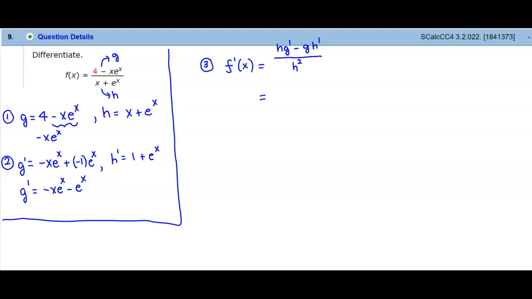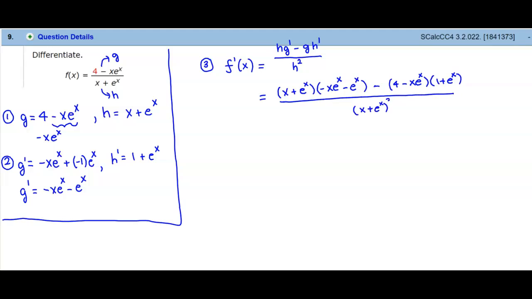So we know that h represents x plus e to the x times g prime, which is negative x e to the x minus e to the x, minus g, which is 4 minus x e to the x, times the derivative of h, which is 1 plus e to the x, divided by the denominator, which is x plus e to the x squared.